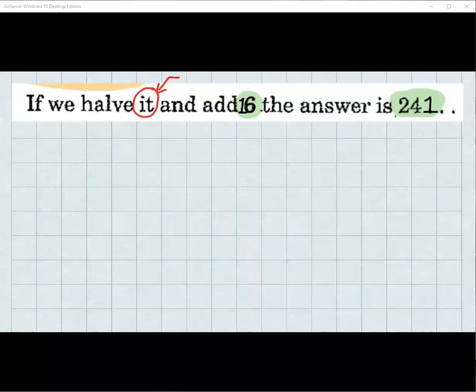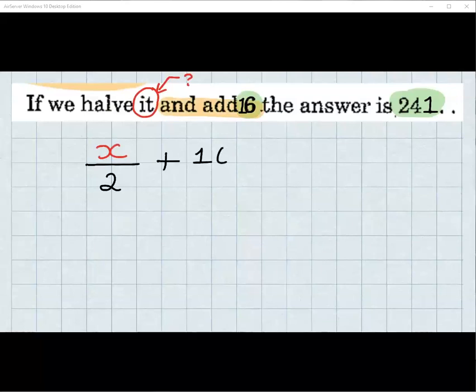X. Fantastic. It is, we don't know what it is. Question mark. So we're gonna call it x. Now, how do you halve the x? Divided by 2. Beautiful. And then what do you have to do next? Plus 16. And then add 16.